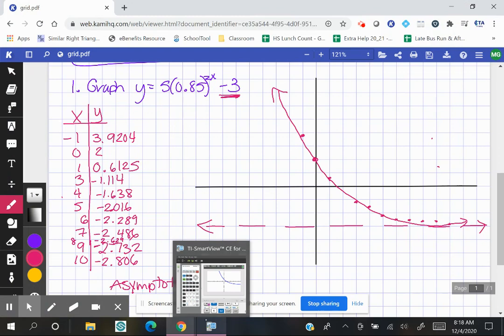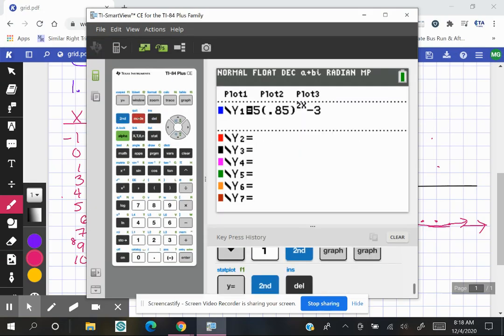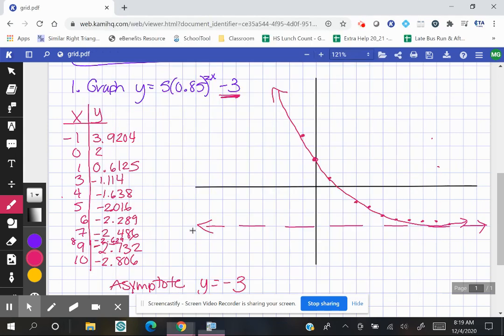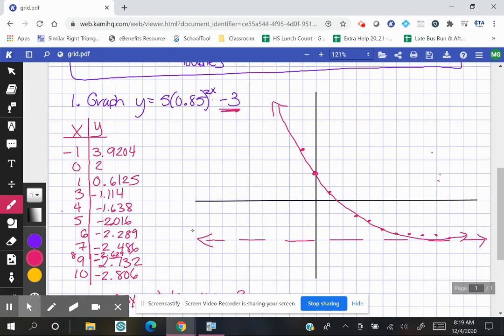So something else that we're going to be looking at is we want to try to always get that x by itself. So if I go to my calculator here and type in 0.85 raised to the second power, I get 0.7225. So what I did was I just typed in this piece right here.